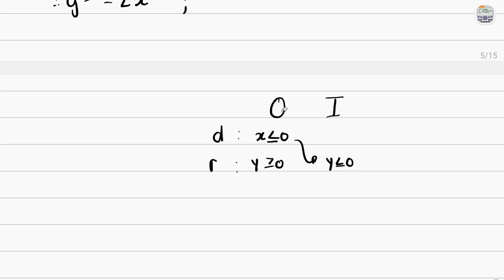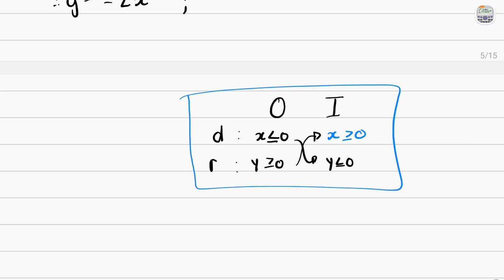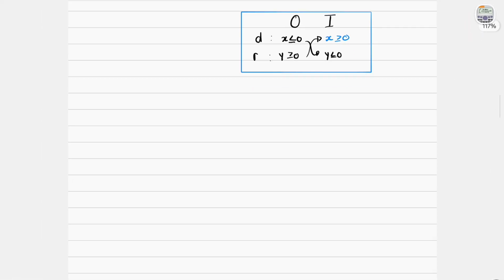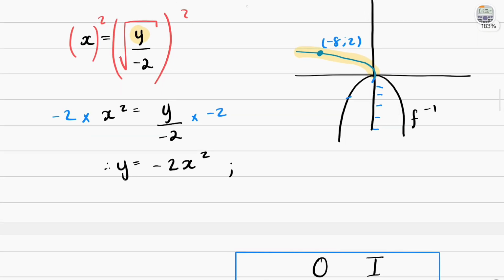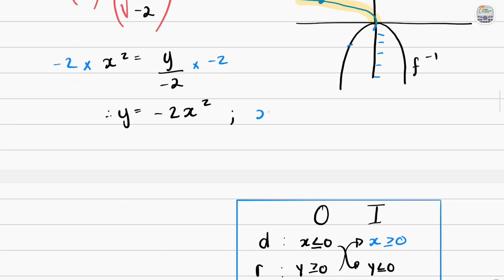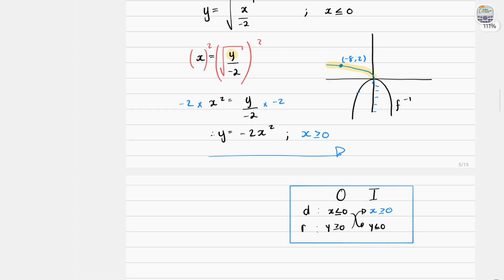And then if the original's range was y is greater than or equal to 0, this will make the inverse's domain x is greater than or equal to 0. This is something that you need to always keep in mind with the inverse function and the original. So all this means is that this is where this graph exists, specifically where x is greater than or equal to 0. And this is our answer.